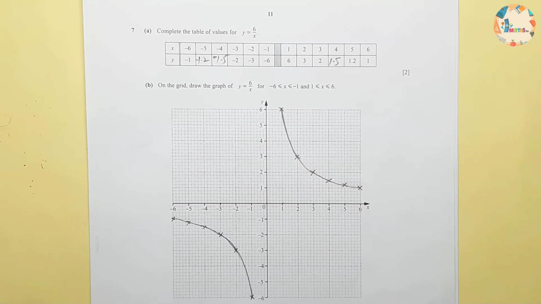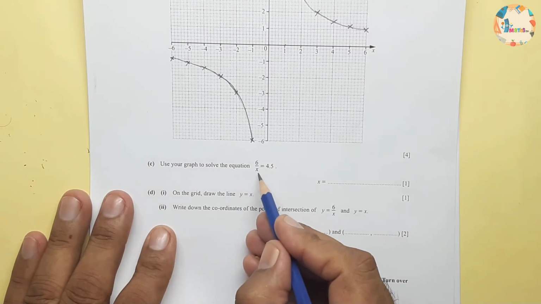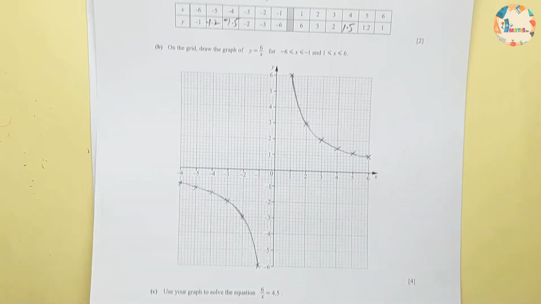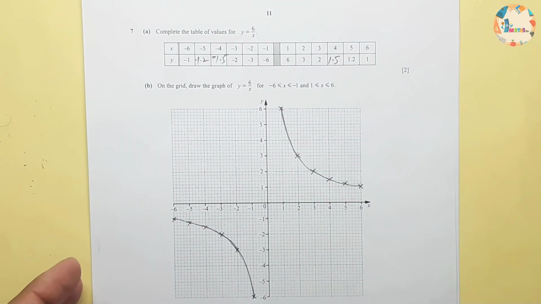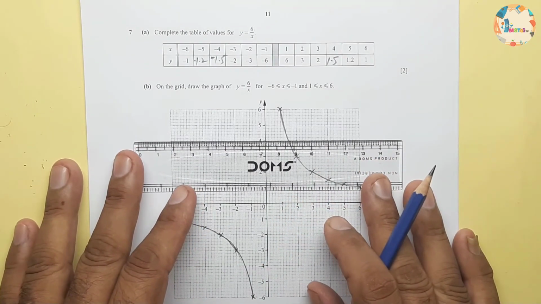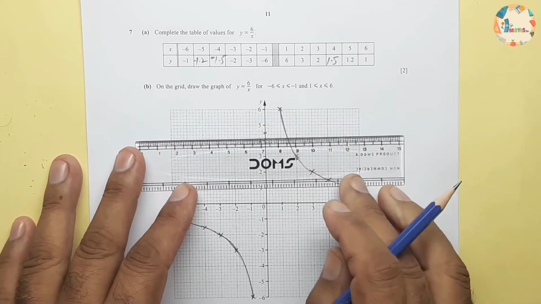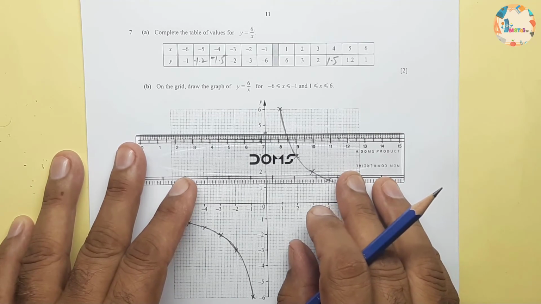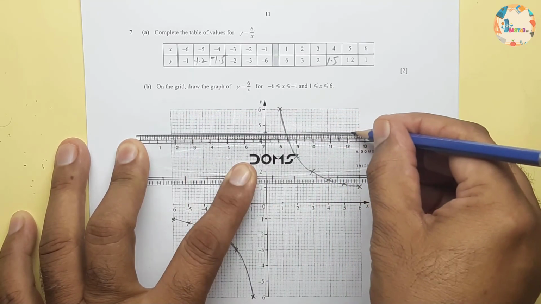And now next, use your graph to solve equation 6 over x is equal to 4.5. So 6 over x is y, so y is equal to 4.5. This is plus 4.5, y is equal to 4.5 will be this point, and we can draw this line over here.